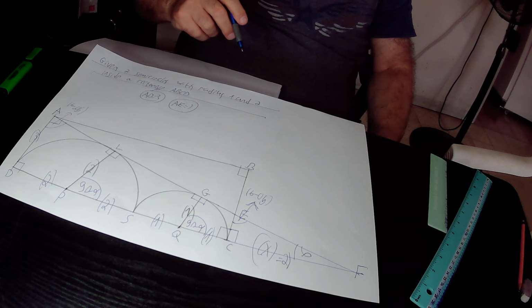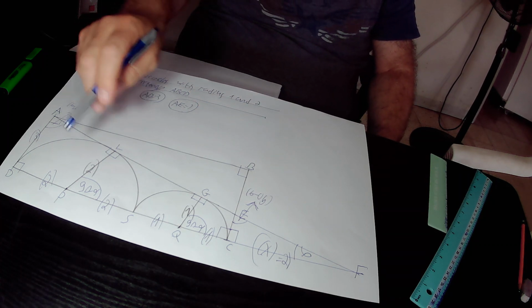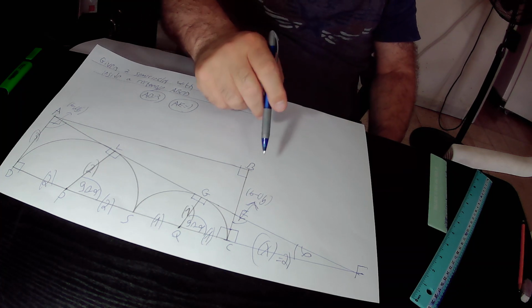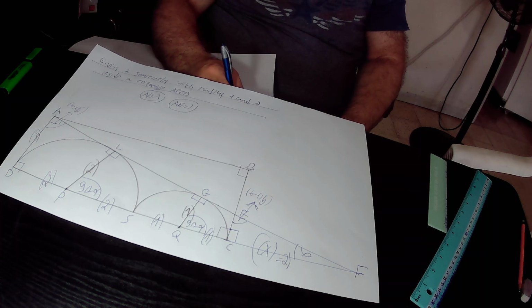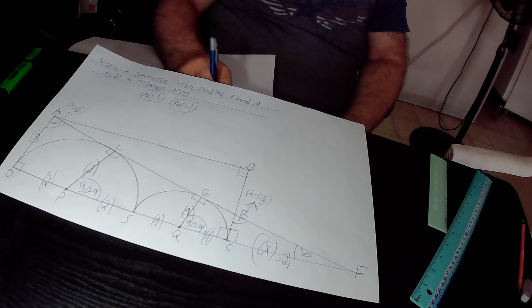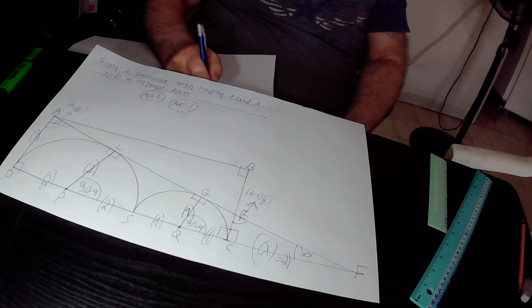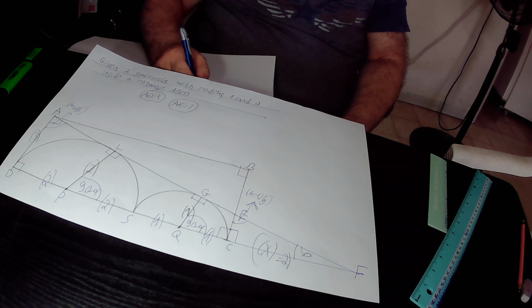We prove that the big right triangle ADF is similar to the small right triangle ECF.